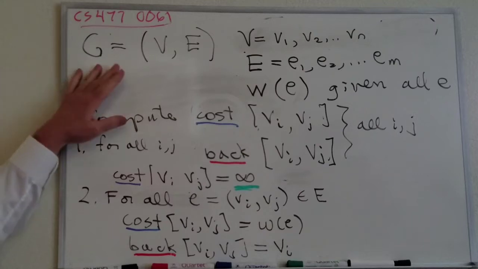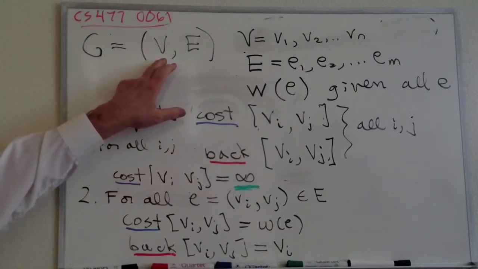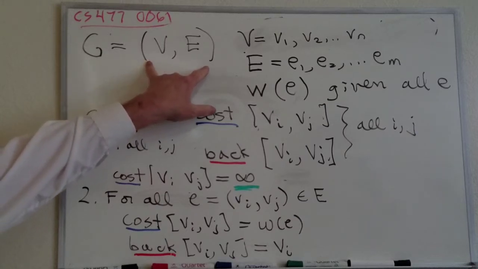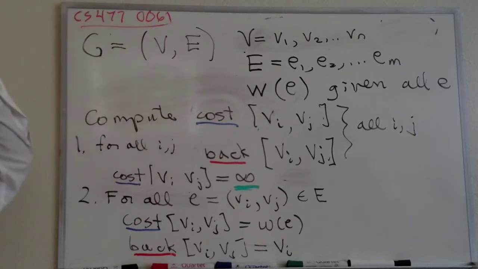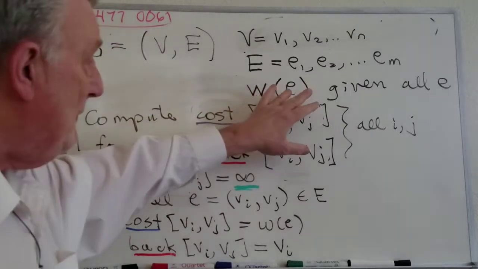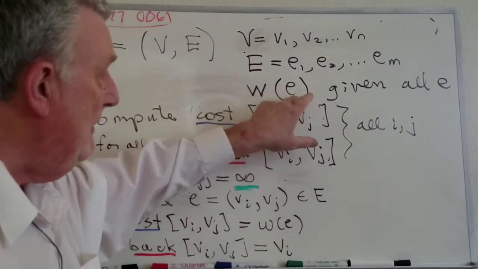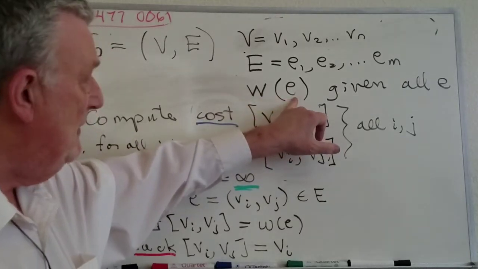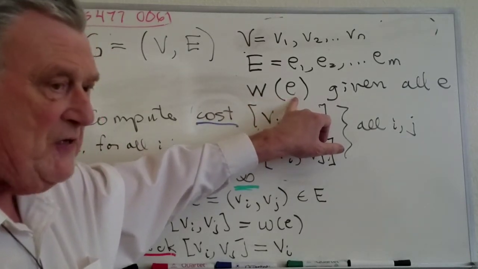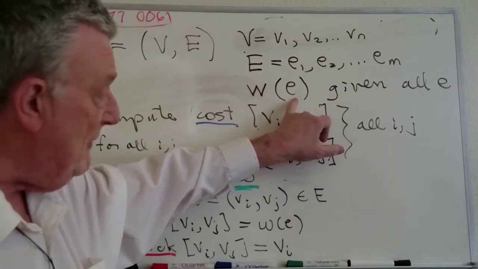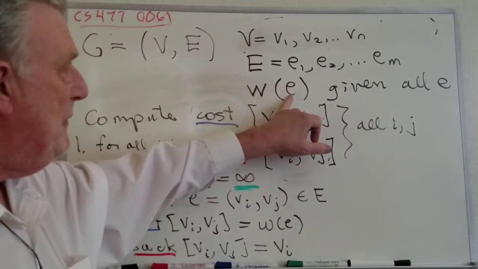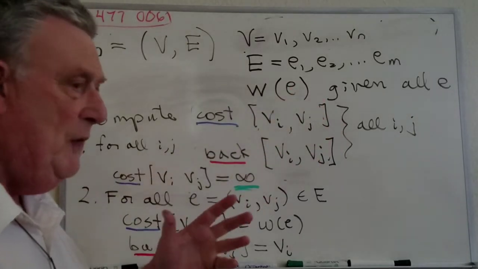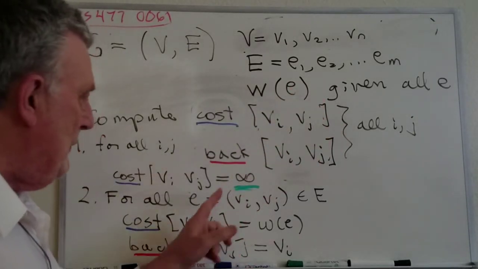Now, we're given a graph G, where V is the set of vertices and E is the set of edges. The graph is really an ordered pair. It's a directed graph, and it's a weighted graph, meaning that for every edge e, a weight w of e is given. Now, there isn't necessarily an edge between every pair of vertices, so it is possible that w of e does not exist, in which case we'll take it as a default value, which we call infinity.